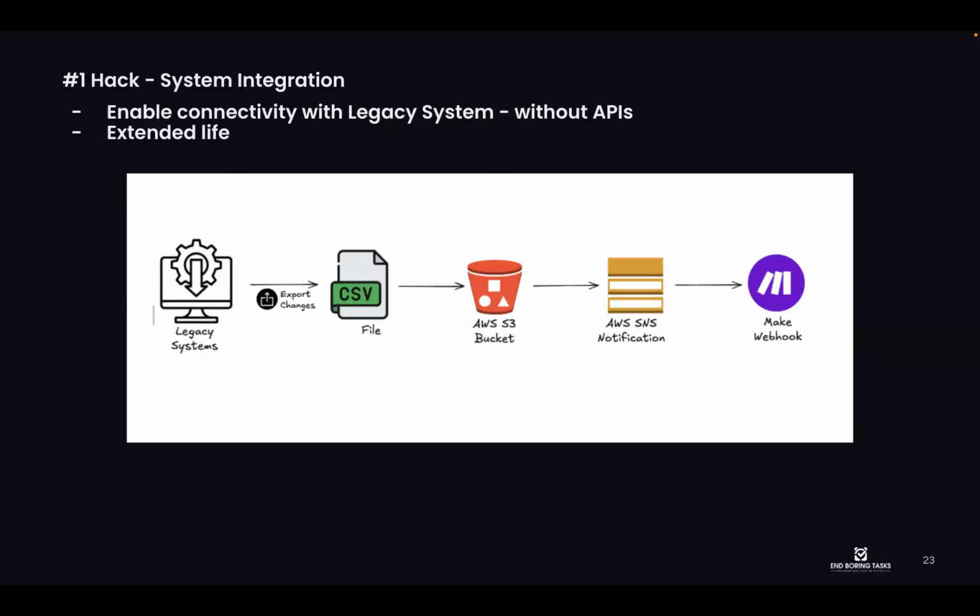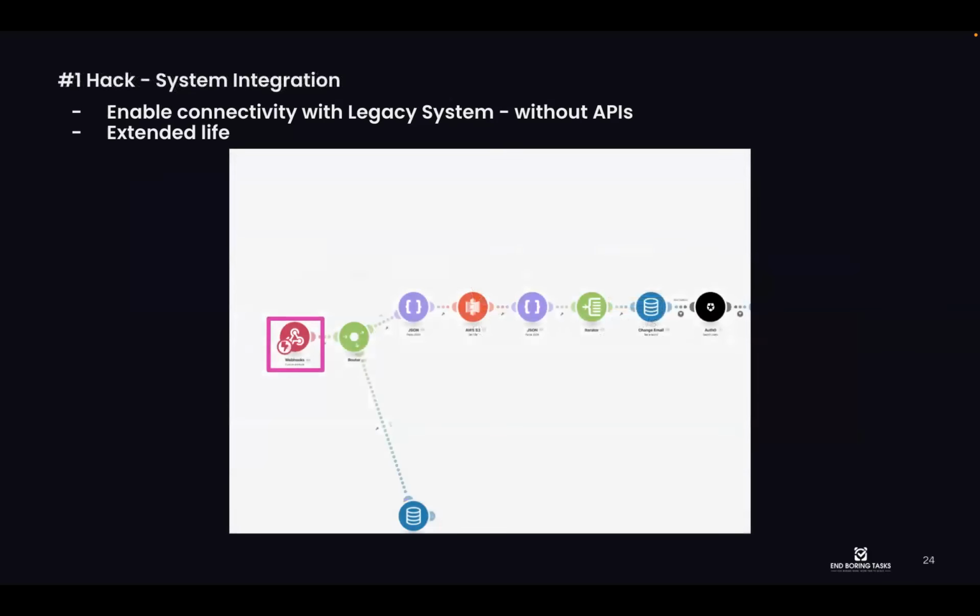Now what happened? We use another AWS service called SNS for notification. Every time a file is uploaded to the S3 bucket, this service communicates with Make and sends a message to Make, right? So this solves the first part of our problem, connecting our legacy system to the new application.